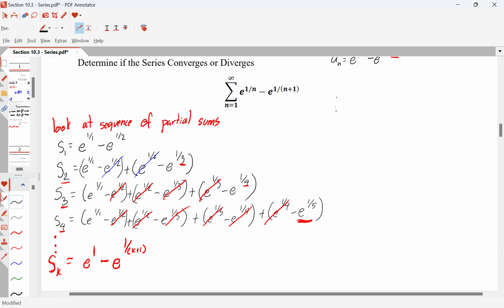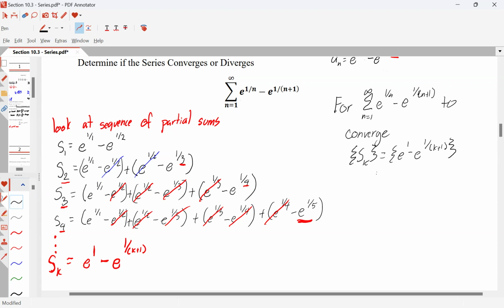For the series, n equals 1 to infinity, e to the 1 over n minus e to the 1 over n plus 1, to converge, the sequence s sub k, which is equal to e to the first minus e to the 1 over k plus 1, must converge.